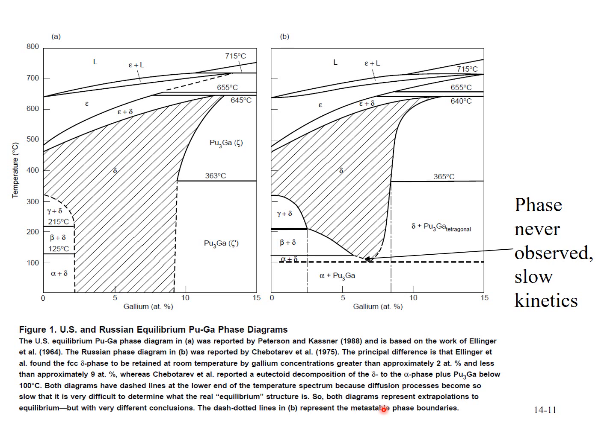Both these phase diagrams are just extrapolations, but they have very different conclusions, and these were important differences where at the end of the Cold War they were used as a common research project to understand the behavior of plutonium-gallium alloys under these specific conditions.